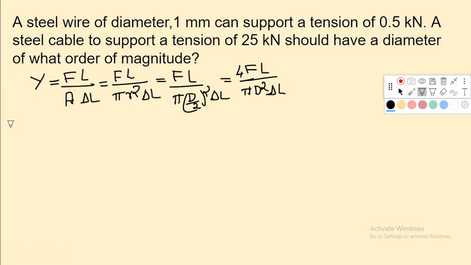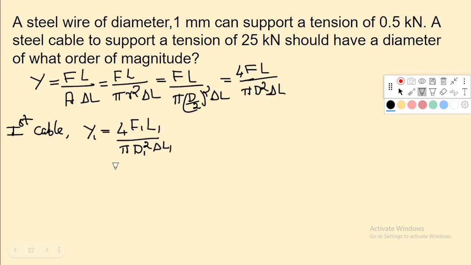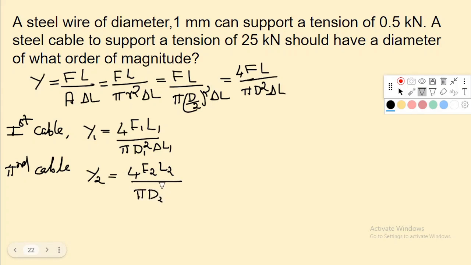So for the first cable, let us write Y1 is equal to 4 F1 L1 divided by pi d1 square into delta L1. For the second cable, let us write Y2 is equal to 4 F2 L2 divided by pi d2 square into delta L2.